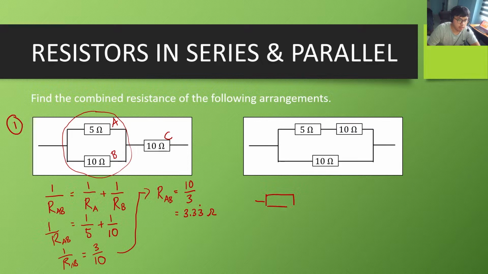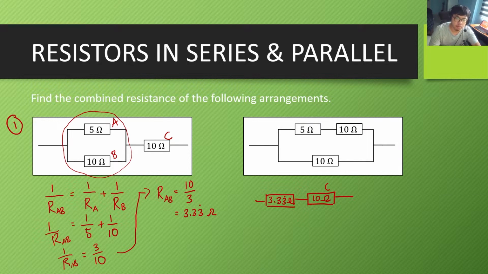So instead of having those two resistors in parallel, you can imagine those two parallel resistors A and B being replaced with a resistance of an equal effective value, and that is 3.33 ohm, and resistor C is there.